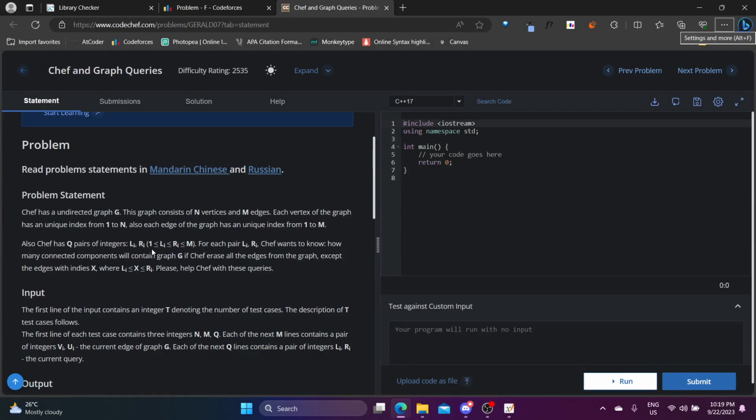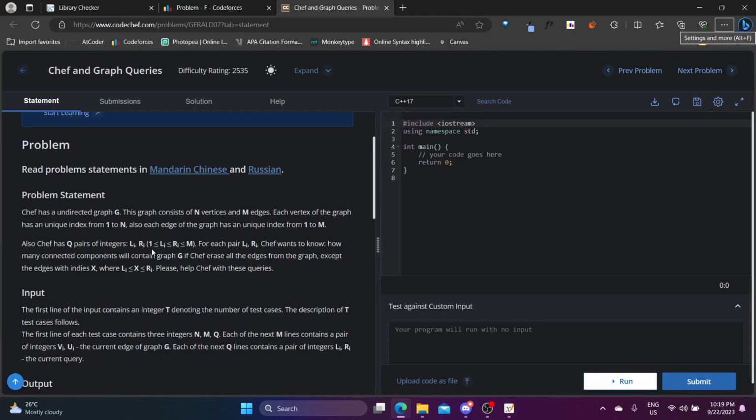If you are given L to R, where L and R are edge numbers, and you connect all the edges whose edge number is between L and R, how many connected components are there?